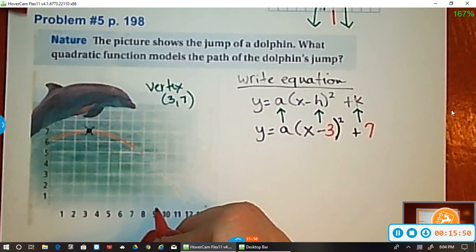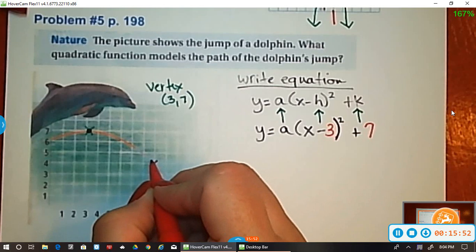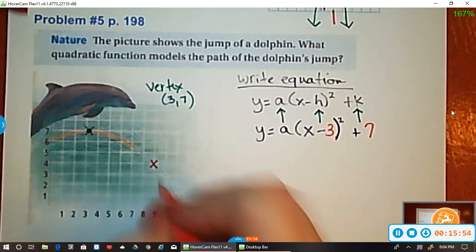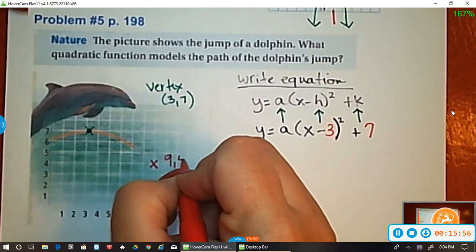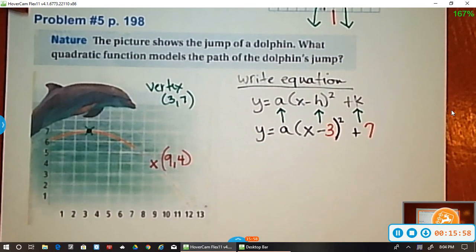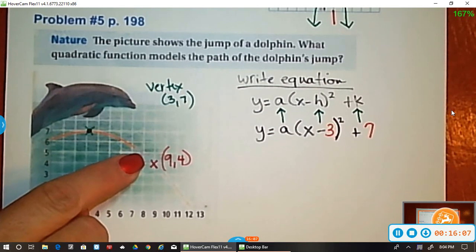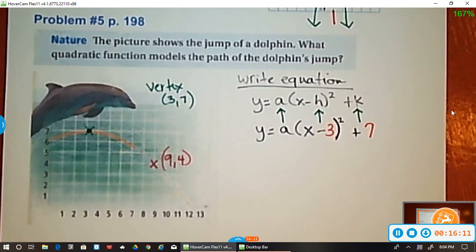Okay, and this is a little bit difficult to see, but right here at (9, 4), that is another ordered pair where your x and y are both whole numbers that the graph touches. It almost looks like (8, 5), but it's just really, really close. When I actually look in the textbook, it's much more clear.